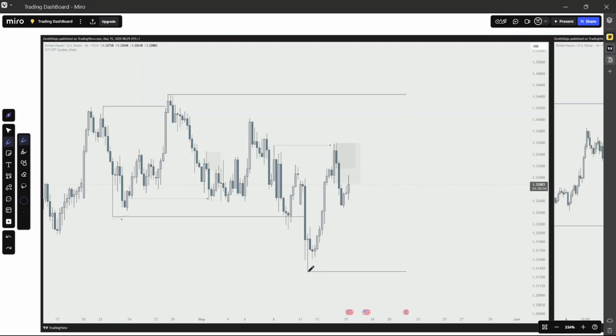So from here, our initial plan was to have that pullback, right? And coming into this 13th of May, we sweep this high as a very clean buy side liquidity.